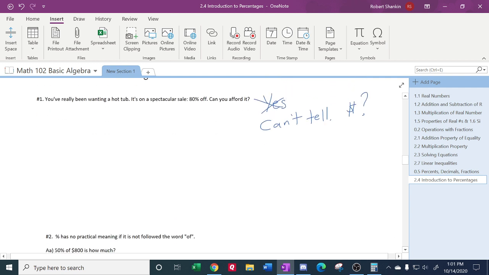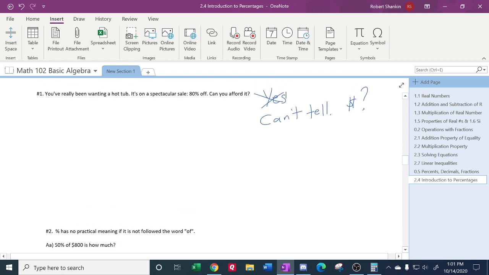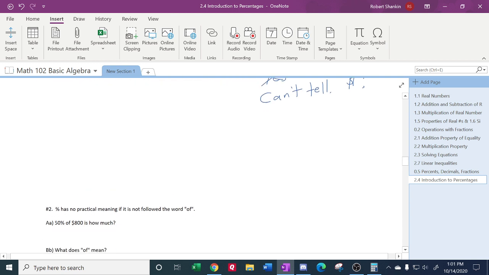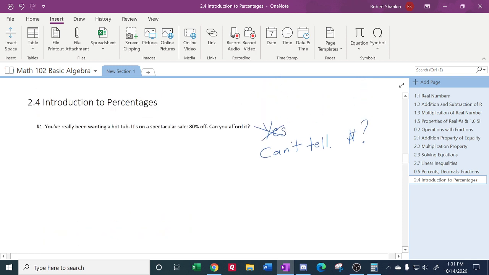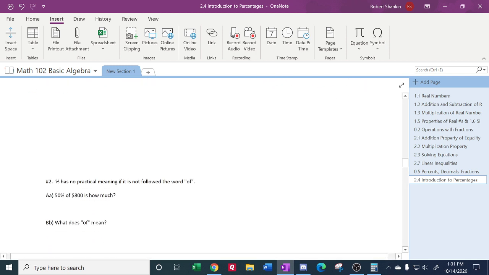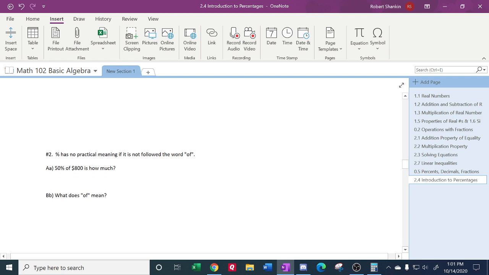So, number 2. This brings out the point that percentage has no practical meaning if it is not followed by the word of. We didn't see 80% of something. It was just 80% off. So, I have 2 questions here.